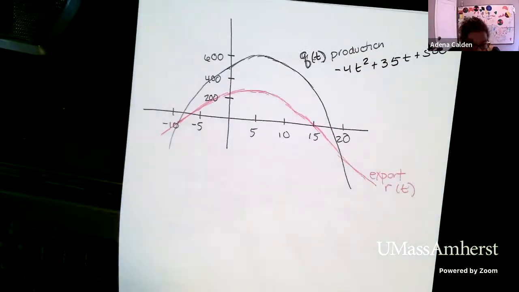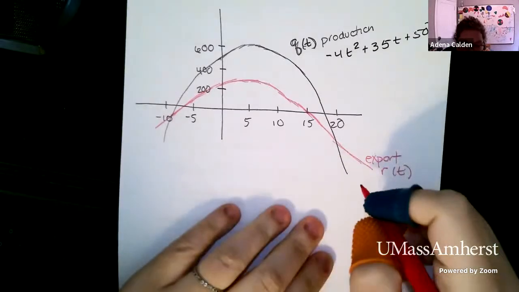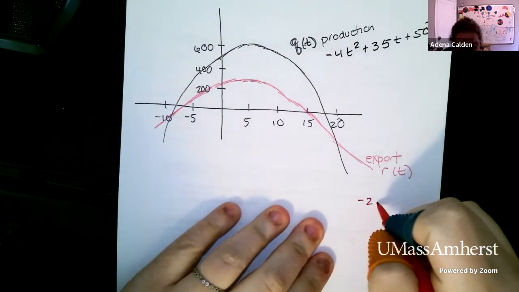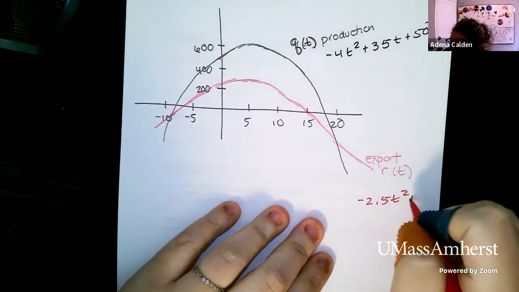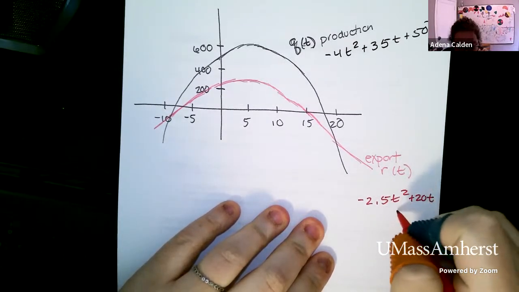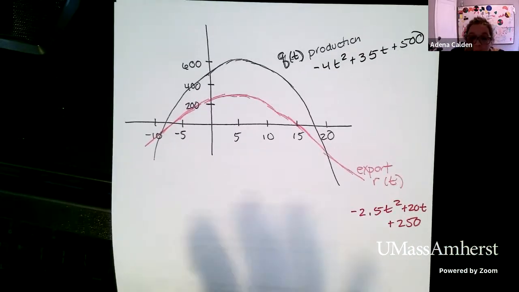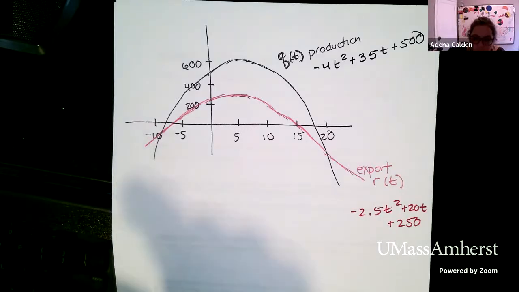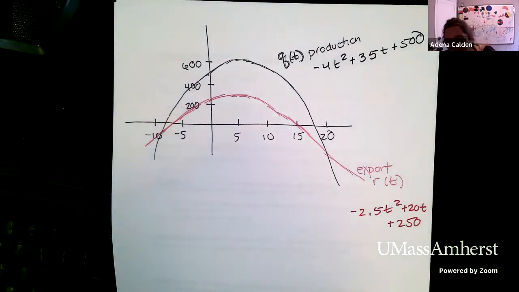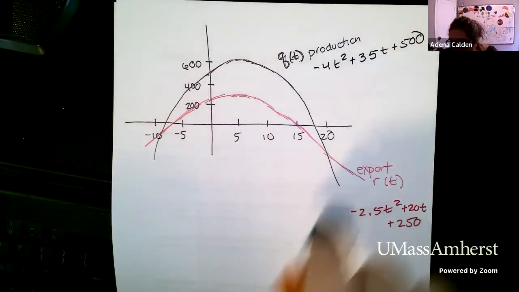And R of t, which is the red one, the one that's below, right? We have negative 2.5t squared plus 20t plus 250 million barrels. So graphing it, you can see that the production, for most of the time it's graphed, is going to outweigh the export. It's going to be higher.